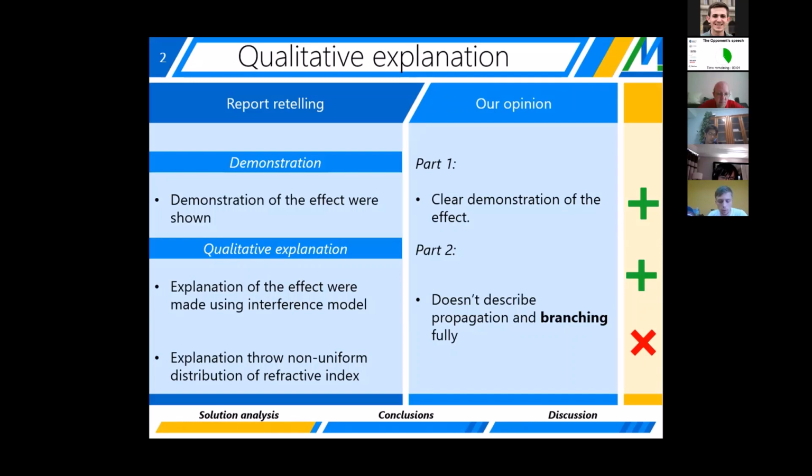Also, we want to talk about the explanation of the non-uniform distribution of the refractive index. As the reporter said, he didn't analyze this in his report, but we think that it's a very important part of this task, and we think that analysis of such a phenomenon will slightly improve this report.